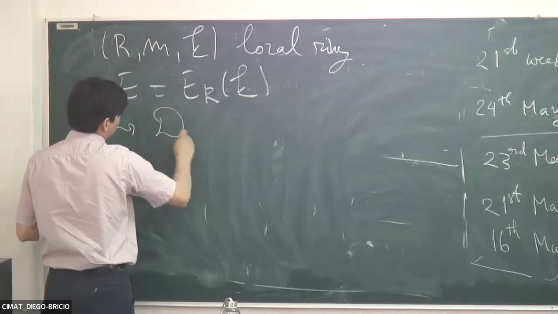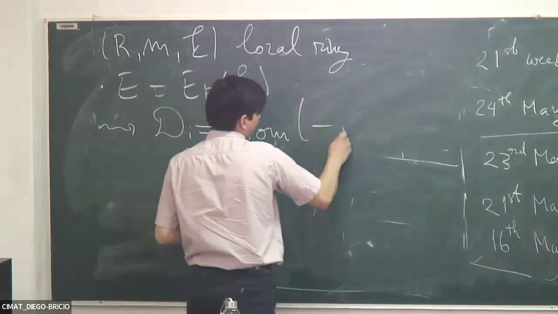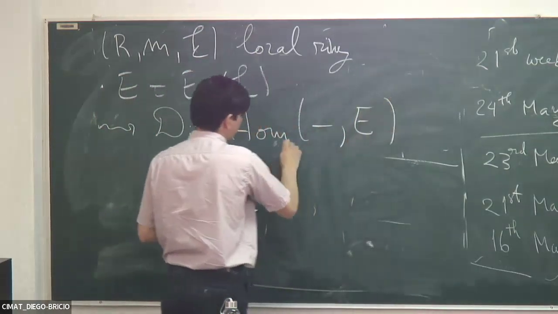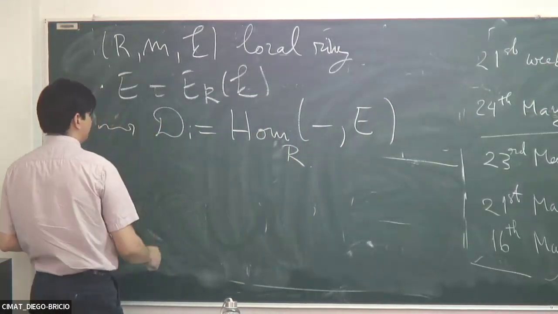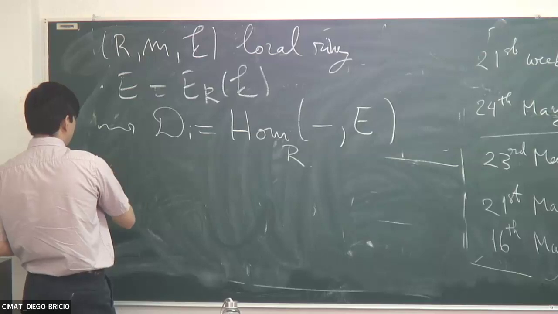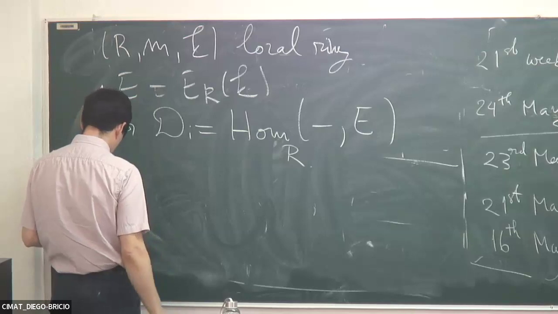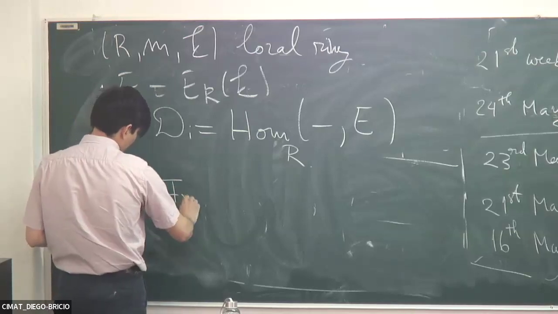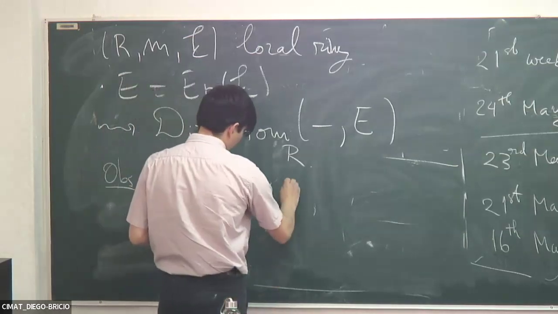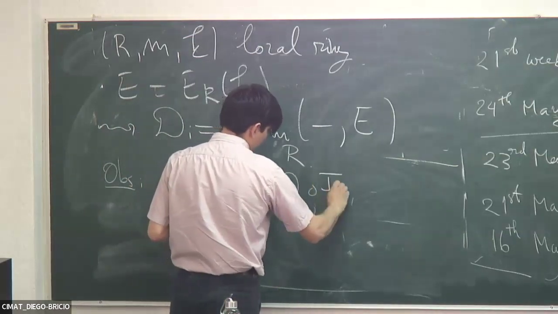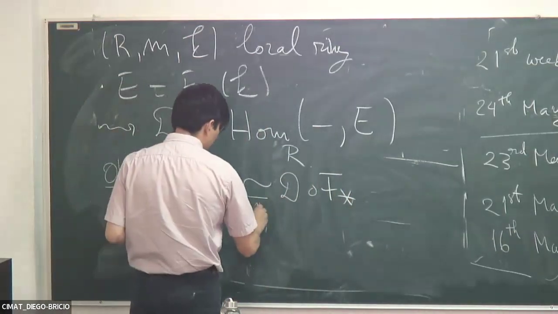Out of this, we construct the Matlis functor, which is Hom(-, E) to E. Something that we have observed before, and this was logarithmic duality, is that this functor is going to commute with Frobenius push forward. So these two things are naturally isomorphic.